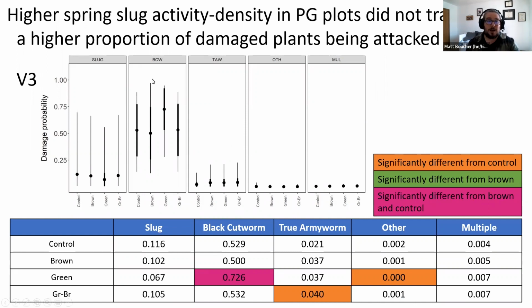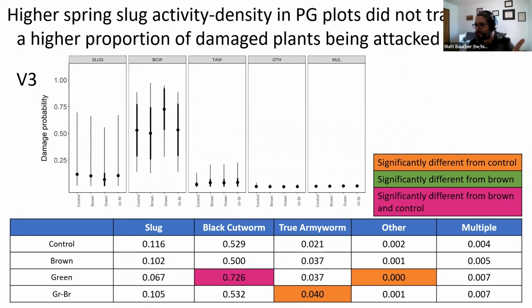The focus here is on slugs, black cutworm, and true armyworm. What you see is a significantly higher likelihood of plants being attacked by black cutworm in planting green plots, but not by slugs. That's really interesting. Those slugs might be living in that residue, maybe it's better quality for them to survive, but it is not actually translating to more damage.